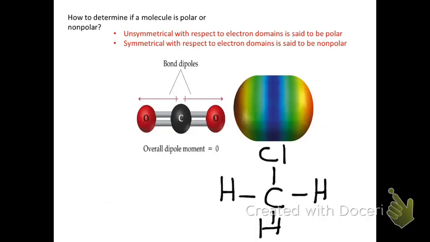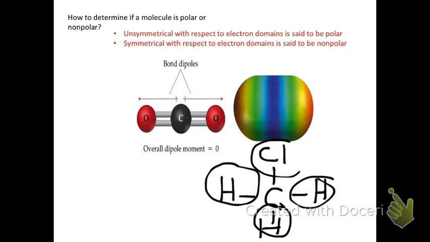Alright? Now, here we also have a tetrahedral molecule. However, do we have a central symmetrical atom? And the answer is no, because you have hydrogens, 3 of them, that are the same, but the chlorine is different.